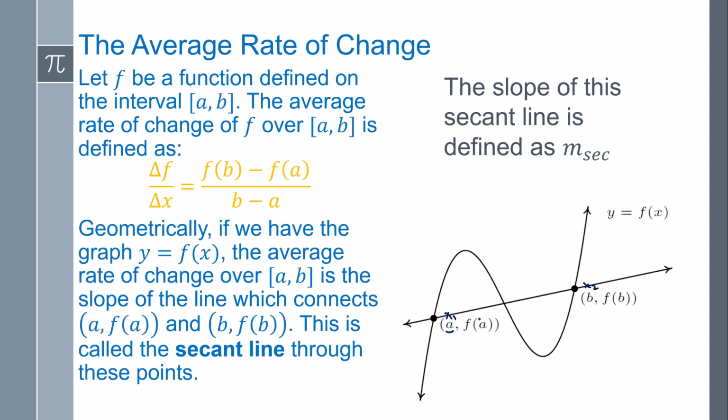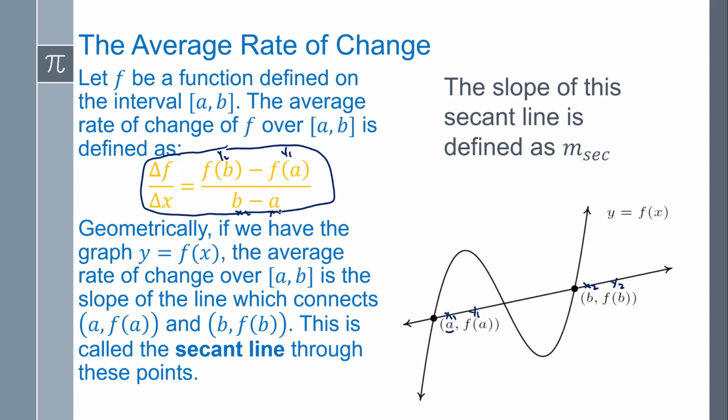If I plug a into my function, you get your y value, and that's y1. If I plug b into my function, you get your y value, and that's y2. So instead of saying y2 minus y1 over x2 minus x1, we say f of b minus f of a over b minus a. That's the same thing as y2 minus y1 over x2 minus x1. They're the same thing. We're just redefining it.